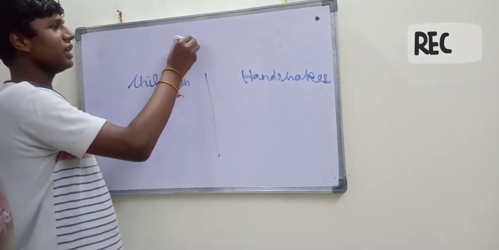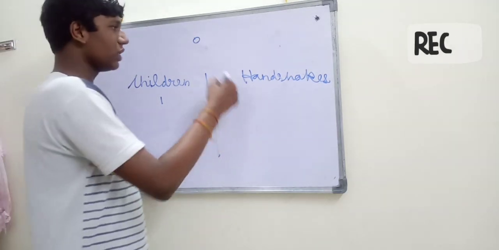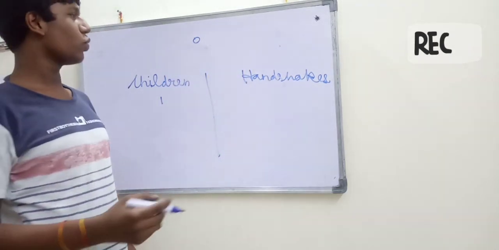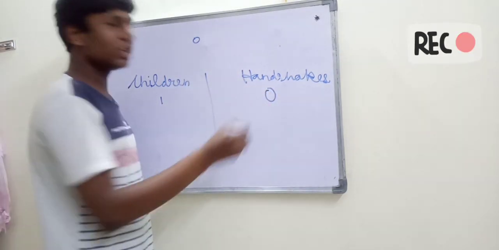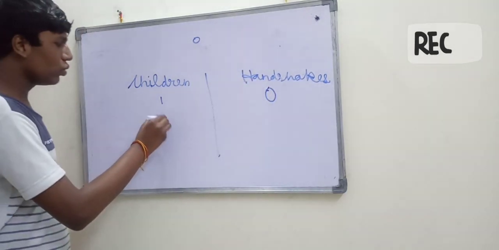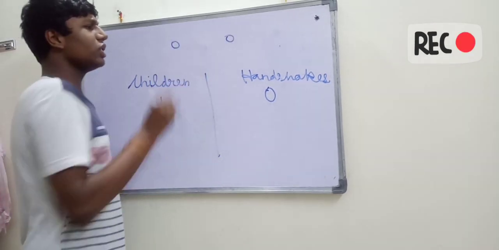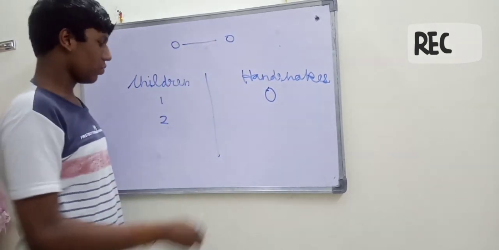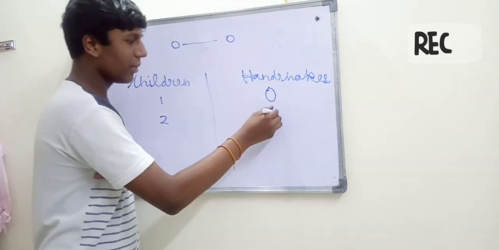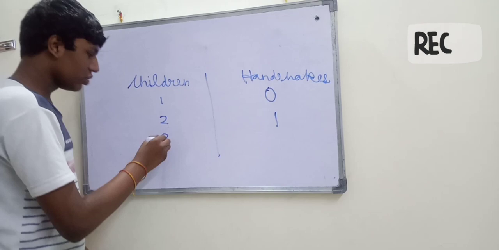If there is a single child, so one child, then there would be no one to do handshake with him, so 0 handshakes. Now if there are 2 children, then there would be one single handshake between them.